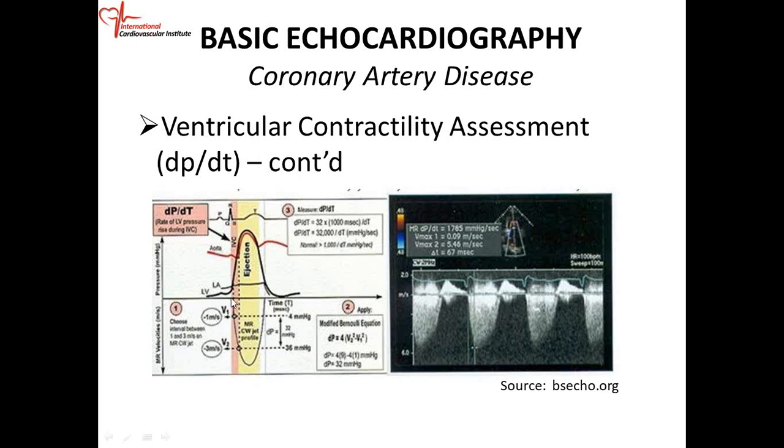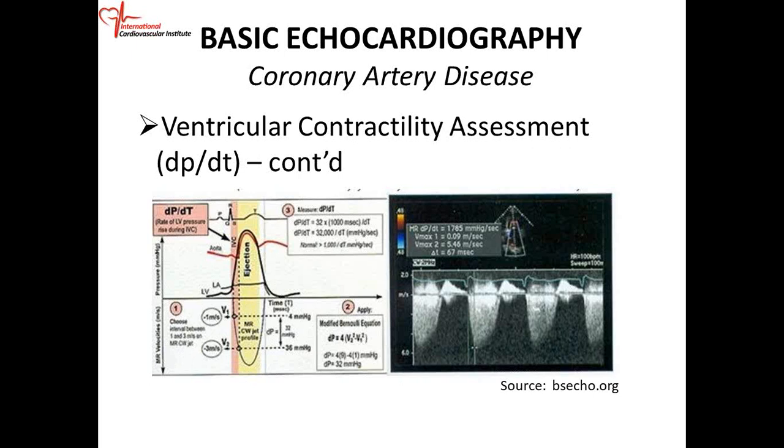You go up and you get the time. At 3 meters per second, come across where it intersects the graph. You go up, and that's the time. The change in time is from the 1 meter per second to the 3 meters per second. And you divide 32 by this change in time, and you get dP/dt.